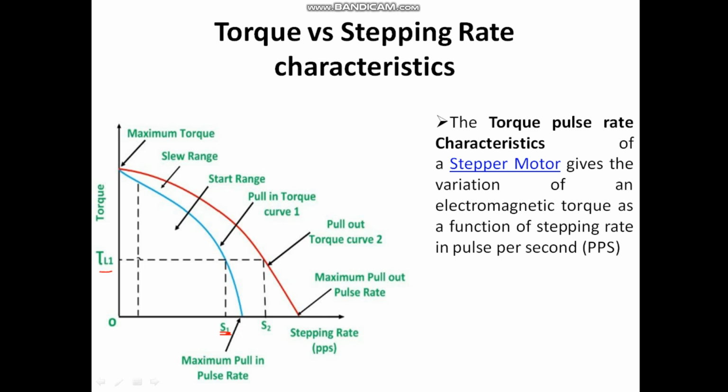In this case, the synchronism should not be lost. Only up till the level of S2 will my motor not lose synchronism; beyond S2 it loses its synchronism. That is why the area between the S1 and S2 curves is called the slew range, and my machine is said to operate in the slewing mode. The same thing I have written here.